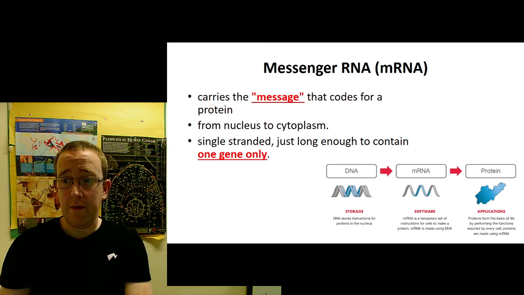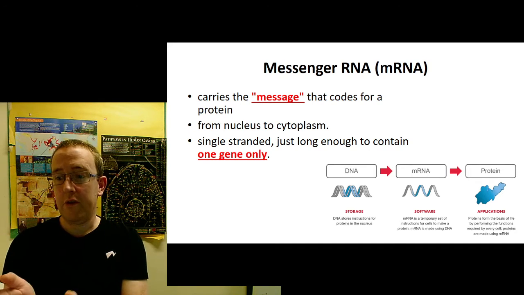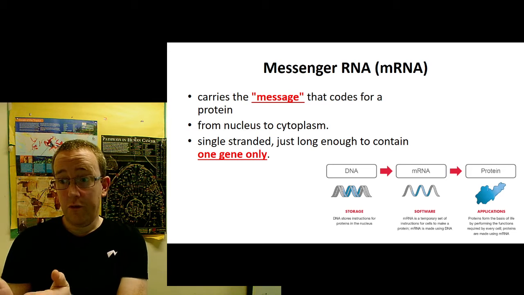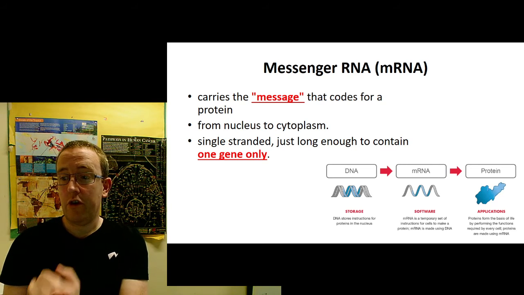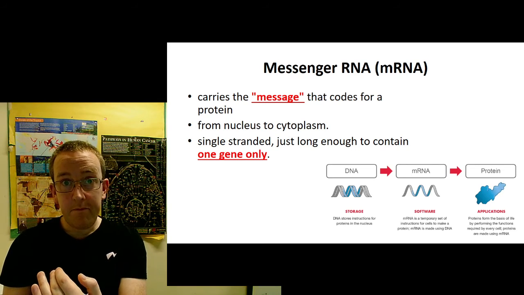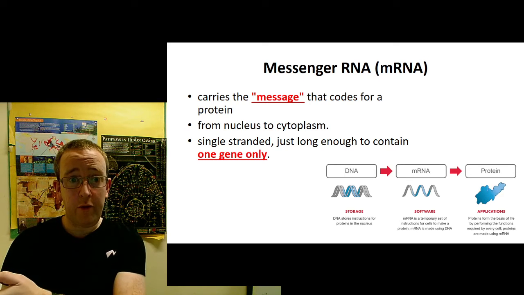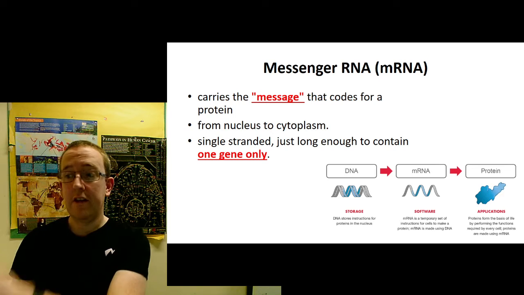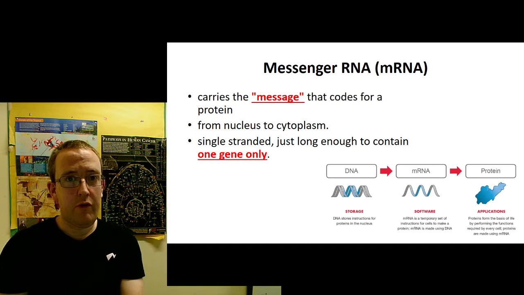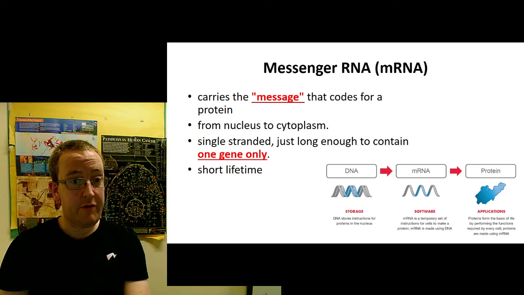And the way they describe it is DNA is for the storage, stores instructions for proteins. mRNA is like the software. It's a temporary set of instructions for cells to make a protein. Okay, and then obviously that mRNA tells the ribosome how to put amino acids together to make proteins, which are for an application within the cell. Okay, thank you very much, Moderna, for that.